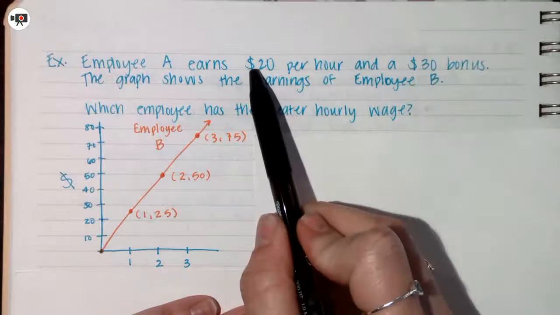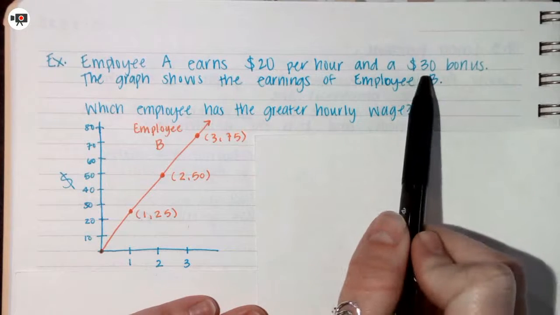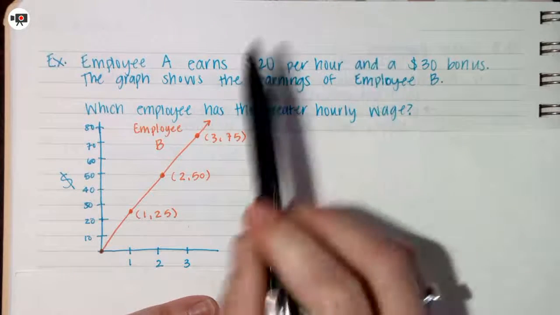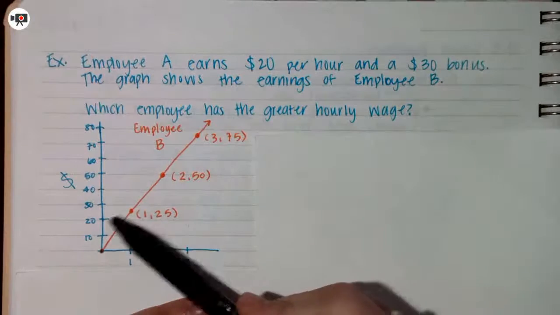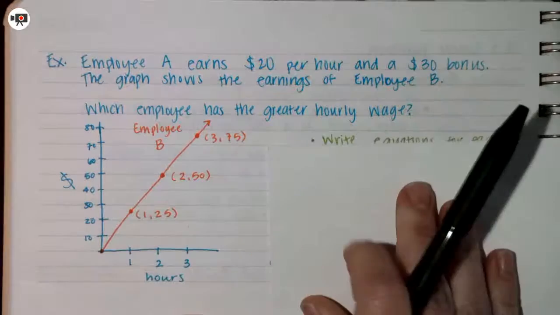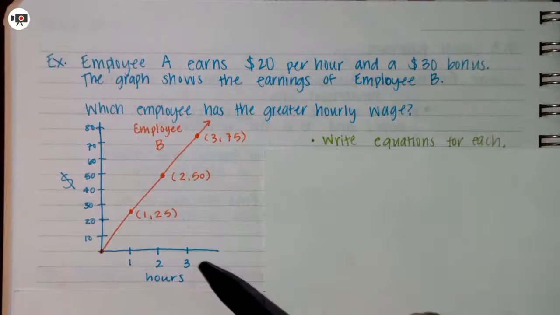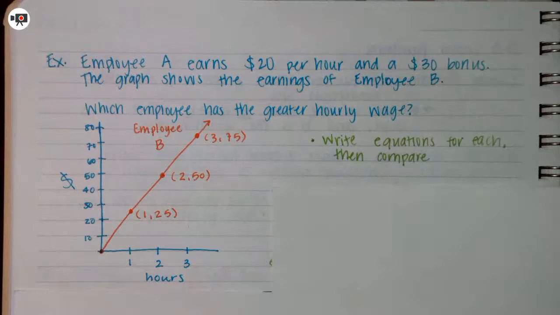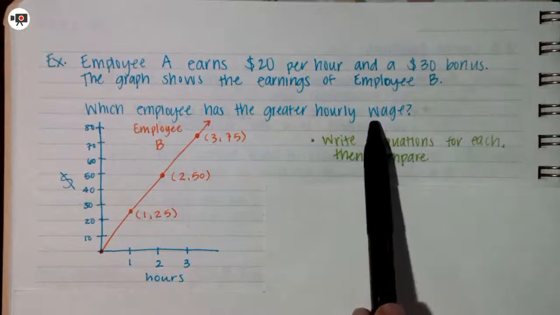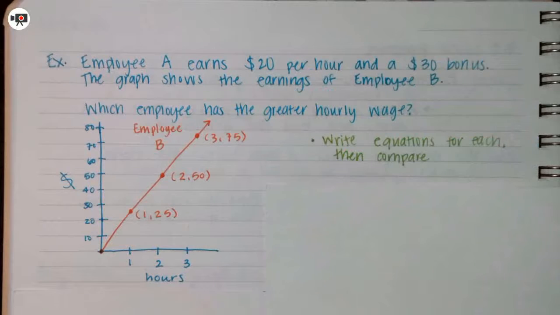So we know employee A is 20 per hour and then 30 on top of that. Employee B, we can see for 1 hour they earn 25, for 2 hours they earn $50, and 3 for 75, and so on.